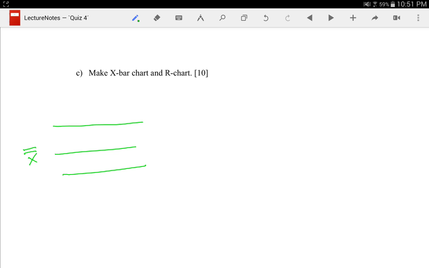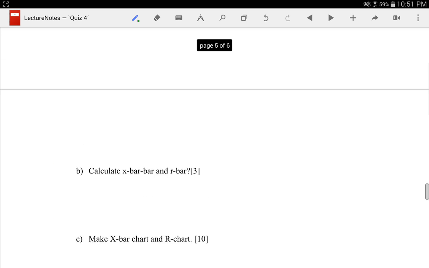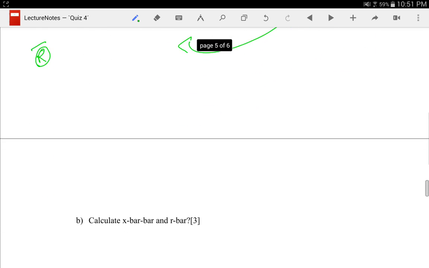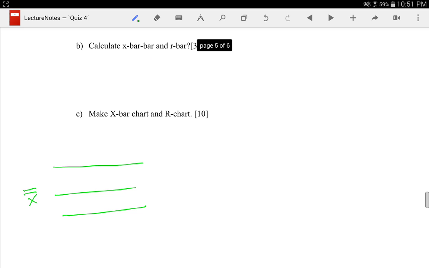After that, making the chart, so let's make the x bar chart here. So this is x bar bar, whatever you got earlier, here the value 350.895. This is x bar bar plus A2 r bar, and this is x bar bar minus A2 r bar. This is the upper control limit and this is the lower control limit.